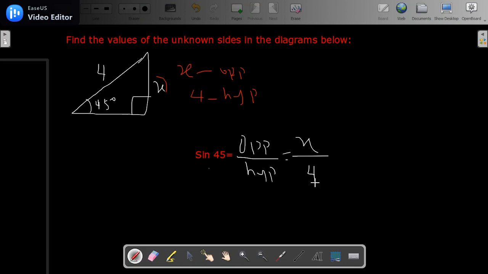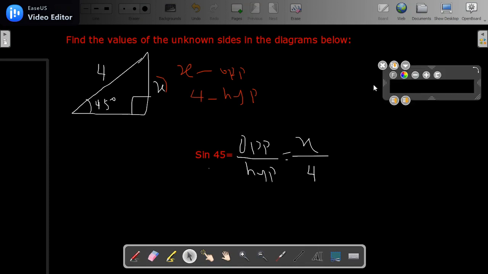So based on what we taught recently, let me write that here: sine 45 degrees.